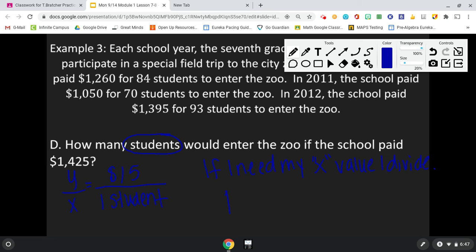So if the number is 1,425, I'm going to divide by the constant 15. And again, using your calculator, I get 95. And remember, it's asking how many students. So you always need to label, especially if you're dealing with word problems, 95 students.